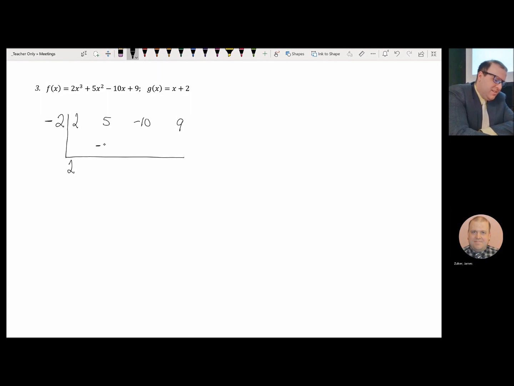Plus 5 times -2, plus -10, times -2, plus 9. 33 is the remainder.